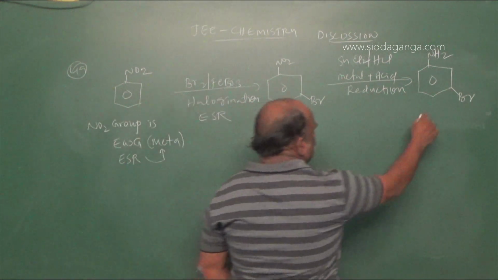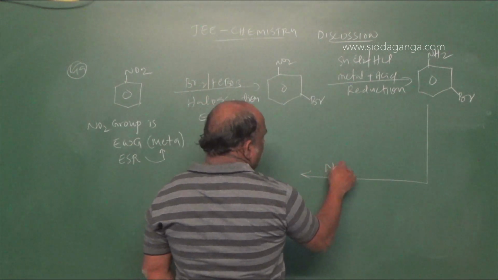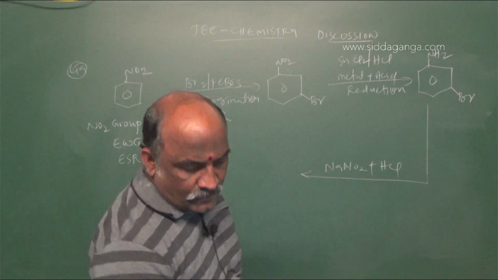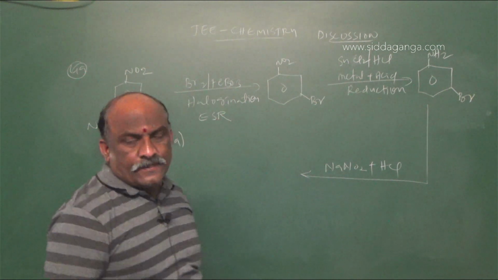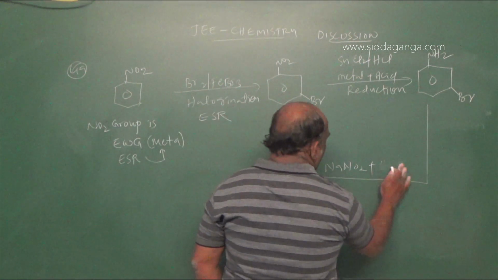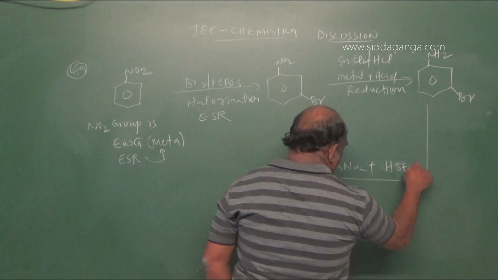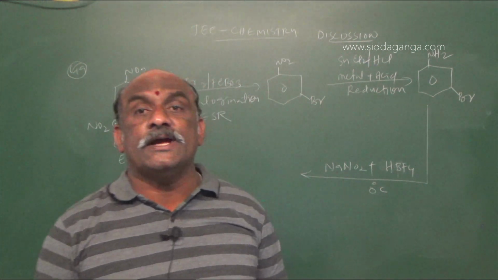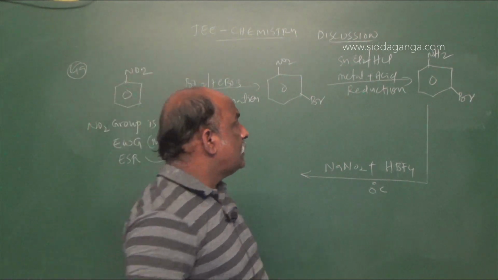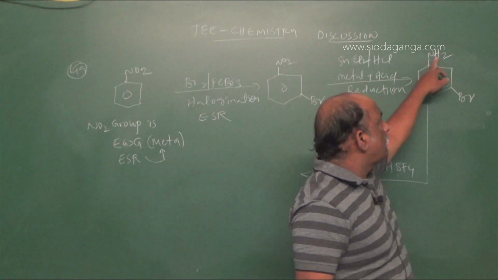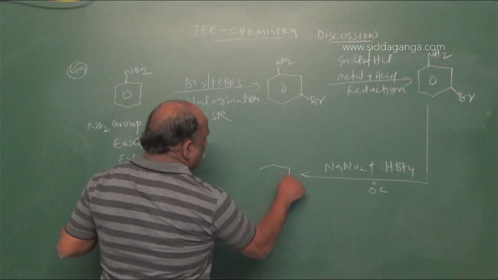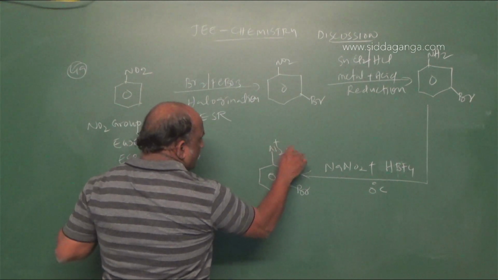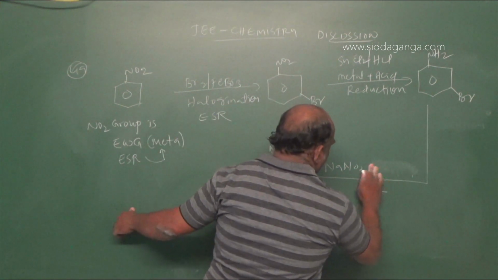Next, the third conversion: NaNO2 plus HCl, and directly given NaNO2 plus HBF4 at 0 degrees centigrade. This is called diazotization. The NH2 group is converted to N2+Cl-, not with HBF4.